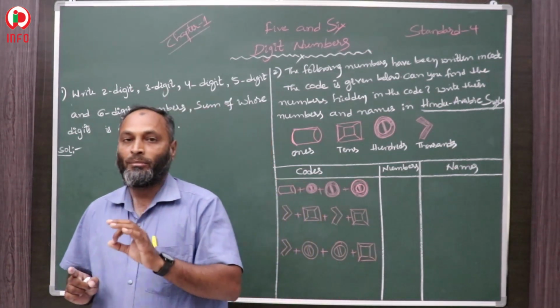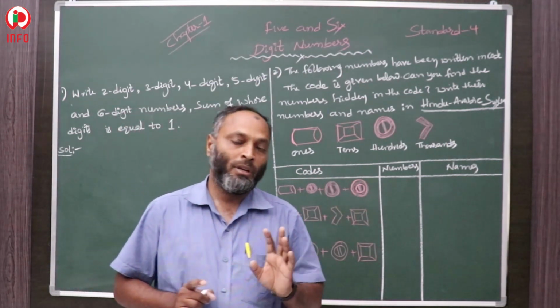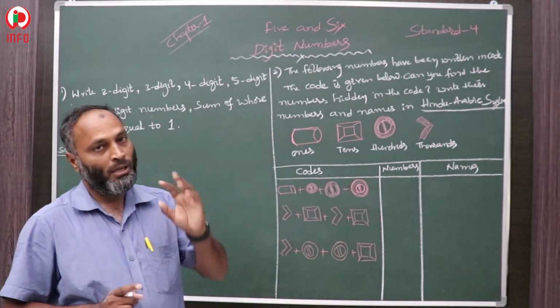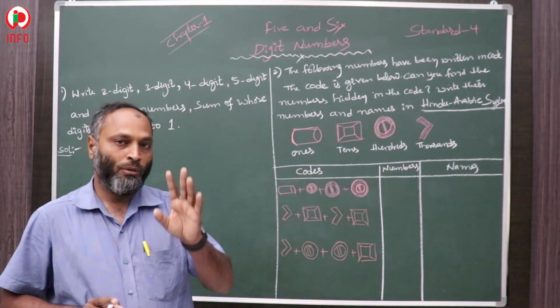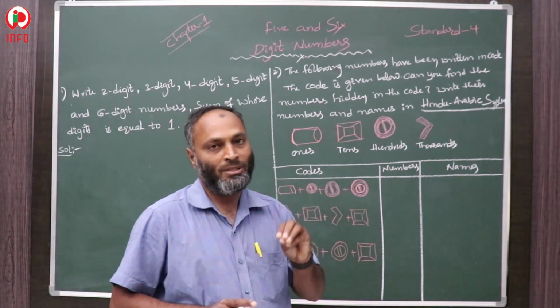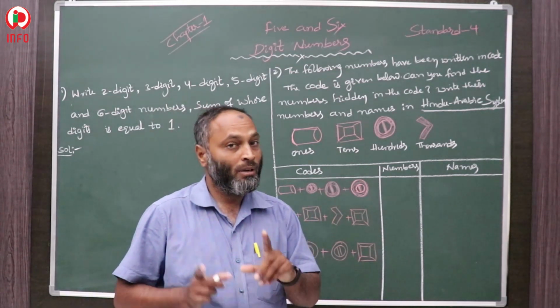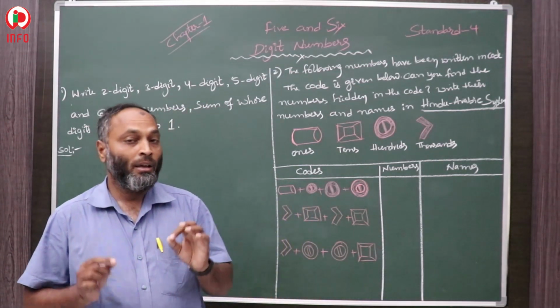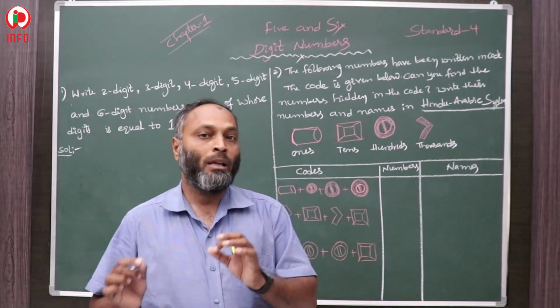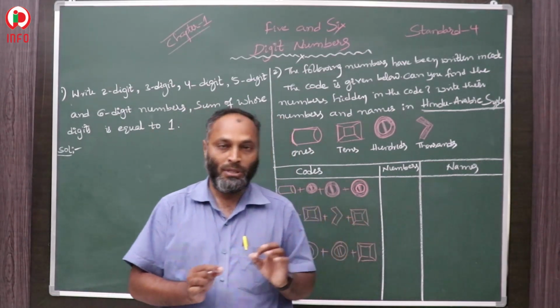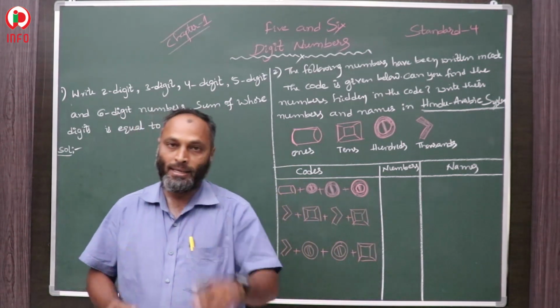We have to think and write these 2, 3, 4, 5, 6 digit numbers, and the condition is clearly mentioned: if we add the digits of those numbers, we should get 1 as the answer.